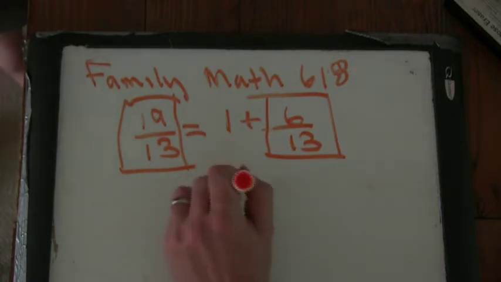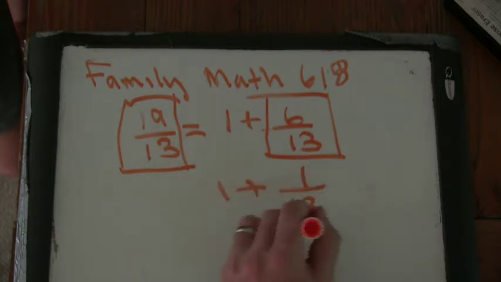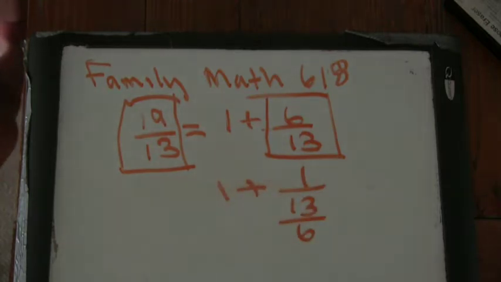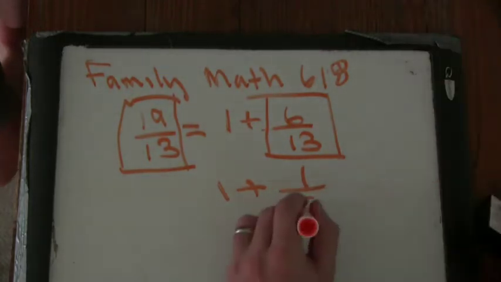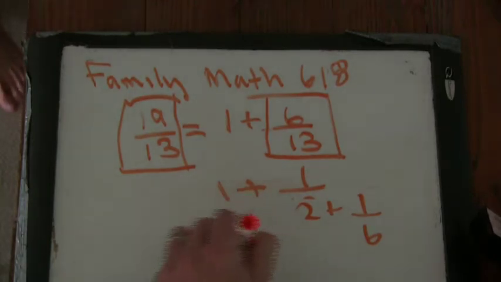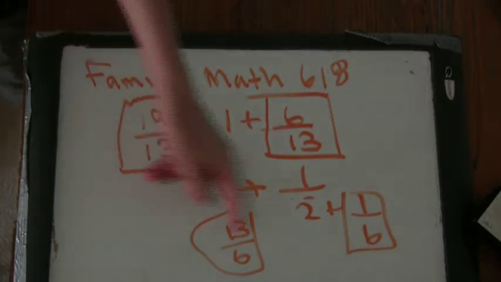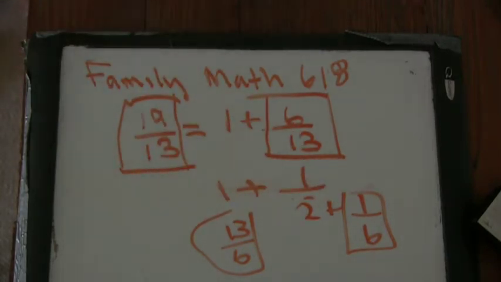Okay, this becomes 1 over 1 plus 1 over 13/6. And now this turned into 2 plus 1/6, right? So we want to compare 13/6 to 1/6 now. Same denominator, but it just got smaller. So same denominator, but the numerator again got smaller.